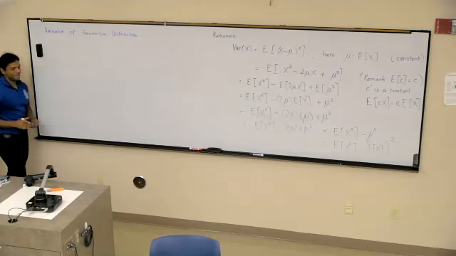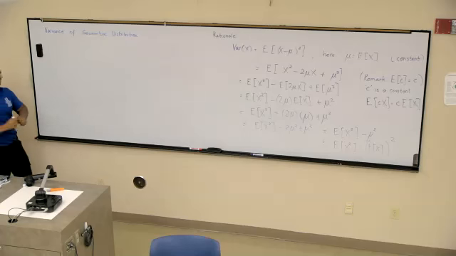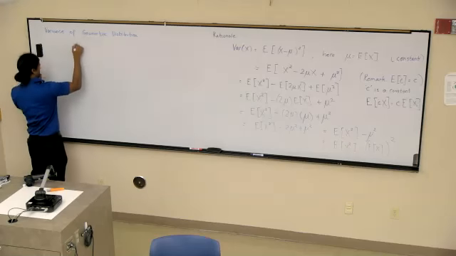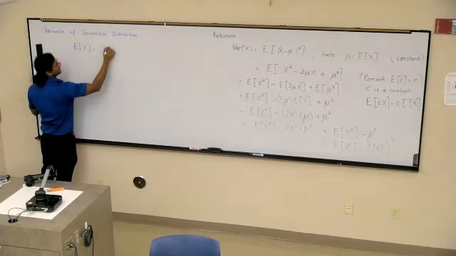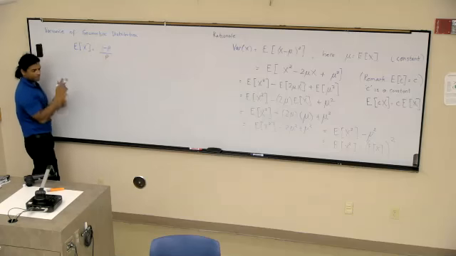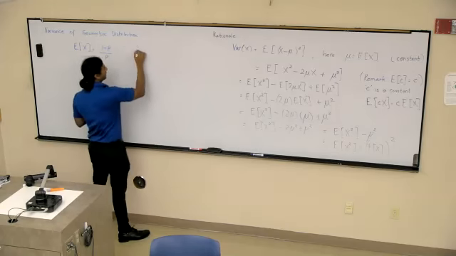Okay, we want to find the variance of a geometric distribution. We already know the expectation, correct? So the expectation of x is 1 minus p divided by p, which goes back to how we define geometric.